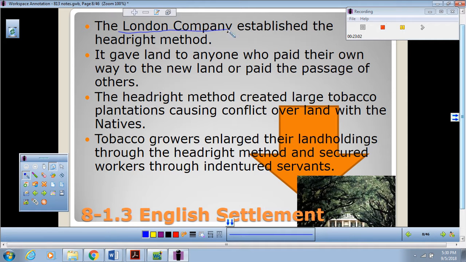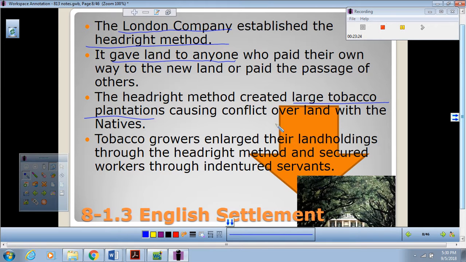The London Company established the headright method, gave land to anyone who paid their passage or paid the passage of others to the New World or the Virginia colony. The headright method, due to the fact that was described, created large tobacco plantations.